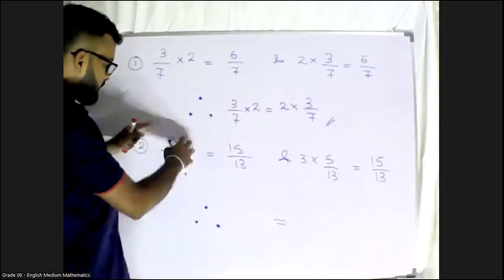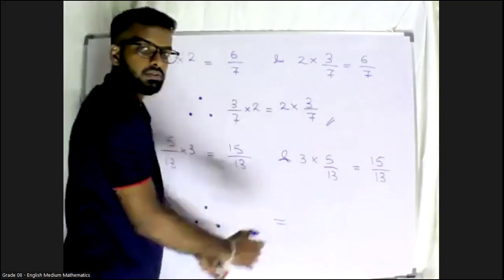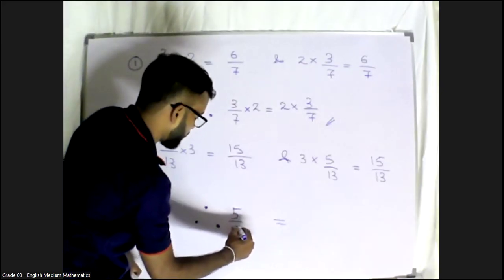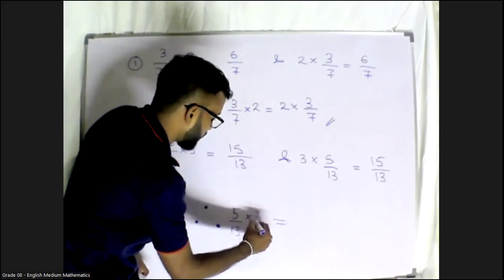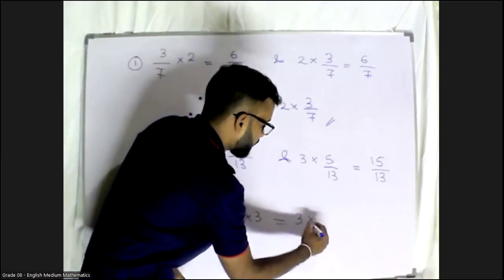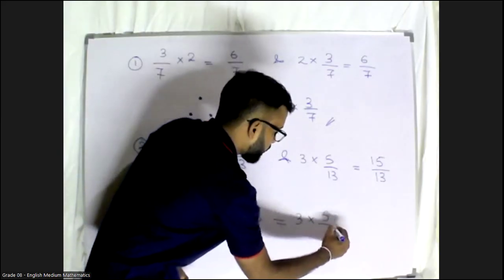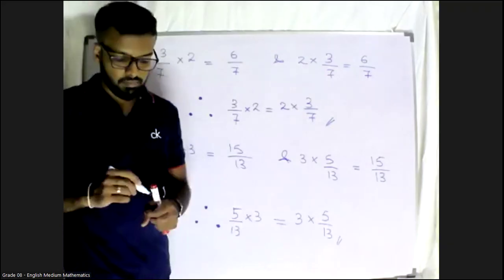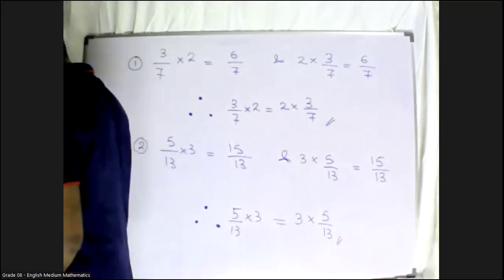So that means 5 upon 30 multiplied by 3 equals 3 multiplied by 5 upon 30. So this is the way.